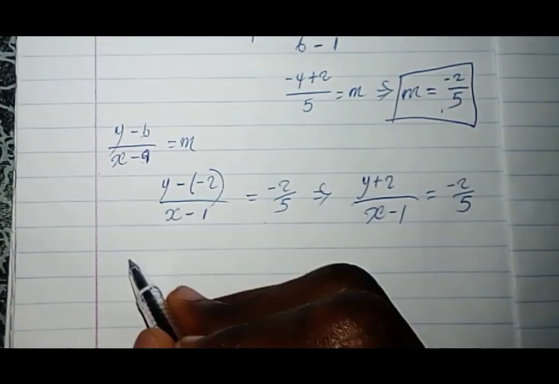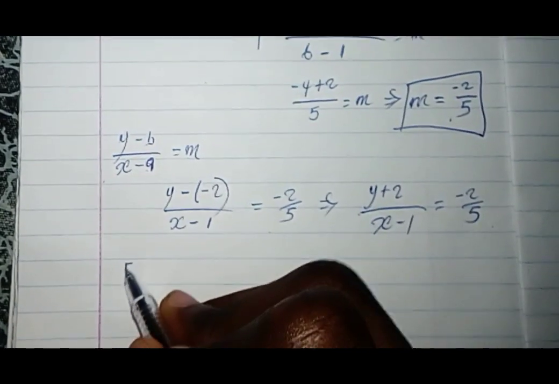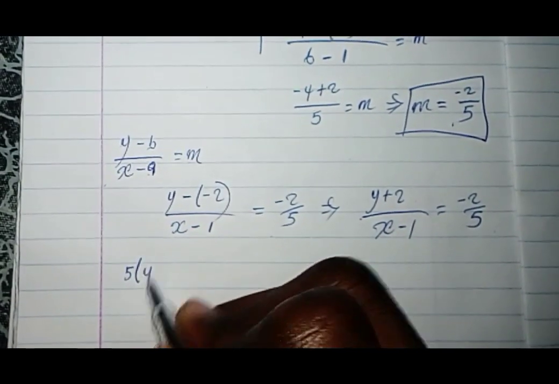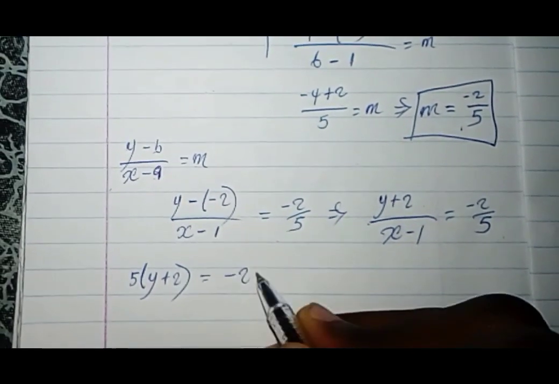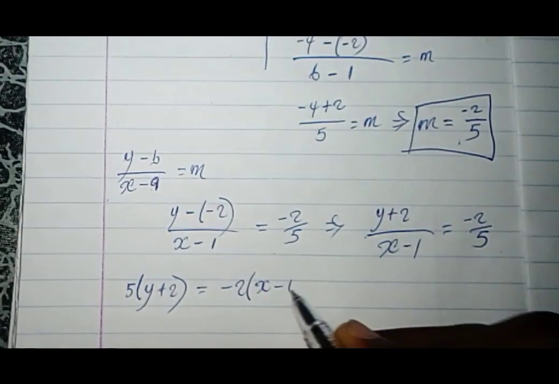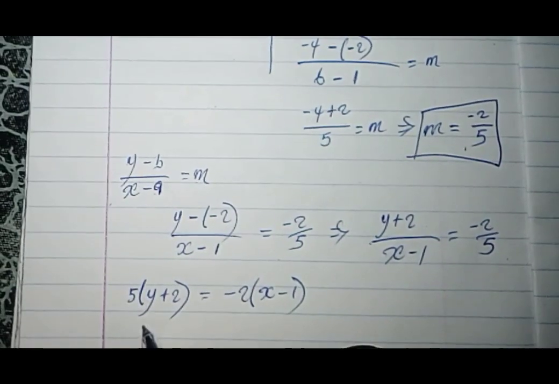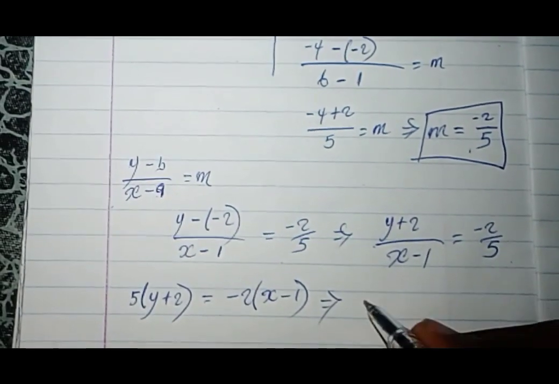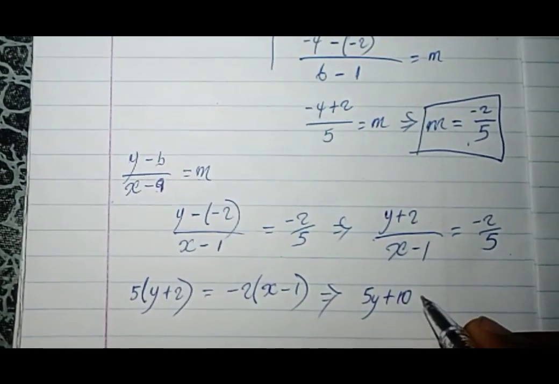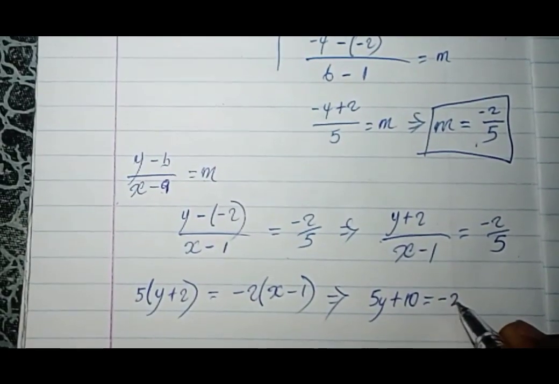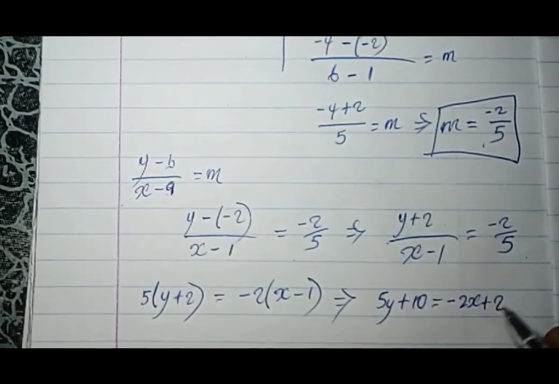So cross multiply, you see this is 5 in bracket y plus 2 equals negative 2 in bracket x minus 1. So expand, you see that this is 5y plus 10 equals negative 2x plus 2.